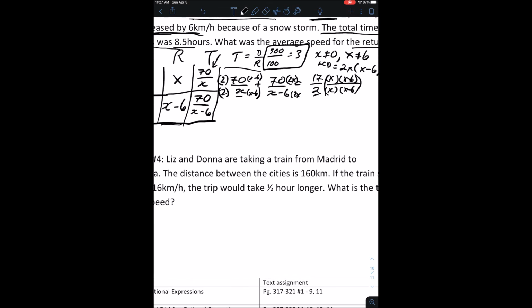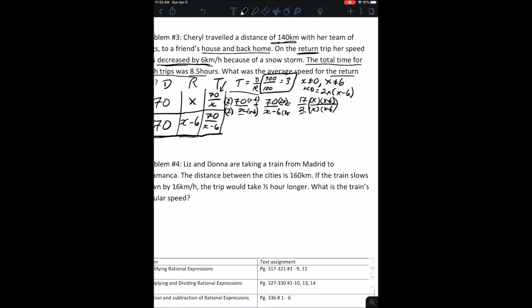So that's kind of ugly. Sorry, I'm running out of space here. But if we clean this up, all right, what I want to do is expand all of this.